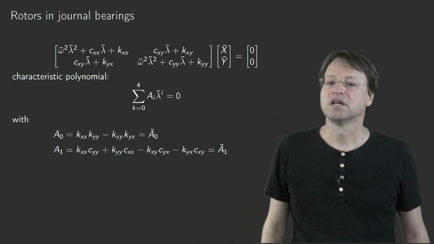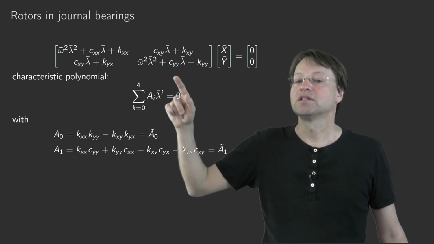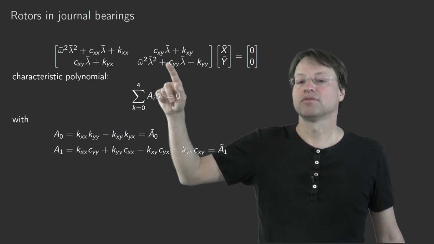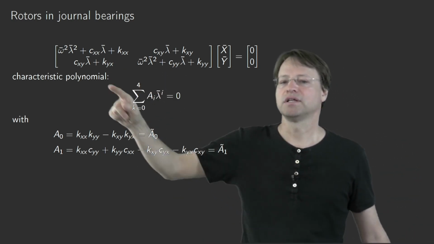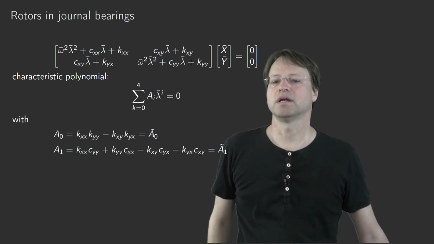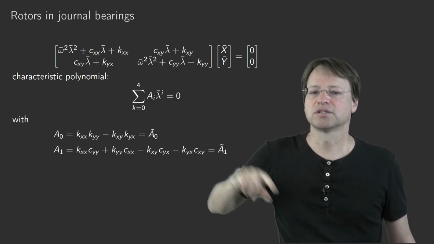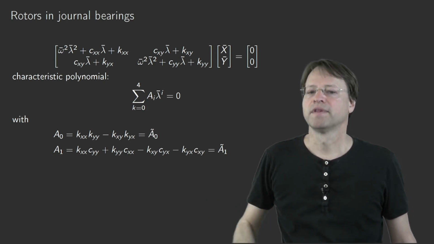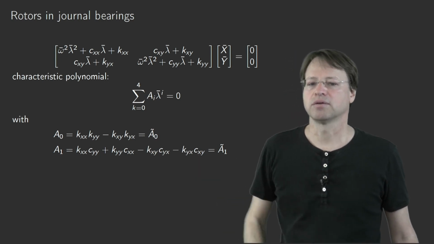Why did I do this? Because I know from the previous video, from the investigations, that the coefficients of the damping matrix here are symmetric. So therefore I can write cxy instead of cyx. So we get kxy times cxy, the first one, and we get kyx times cxy, the second one.